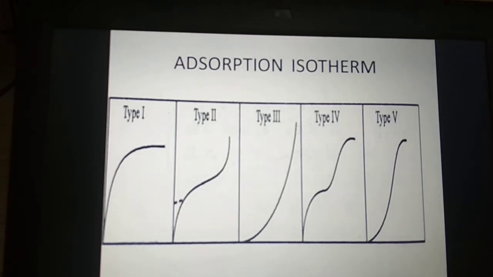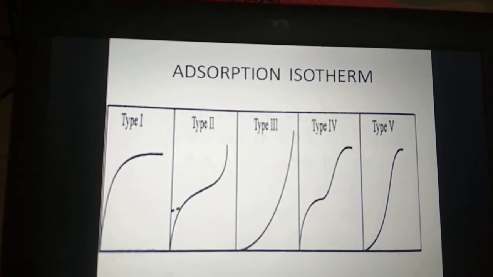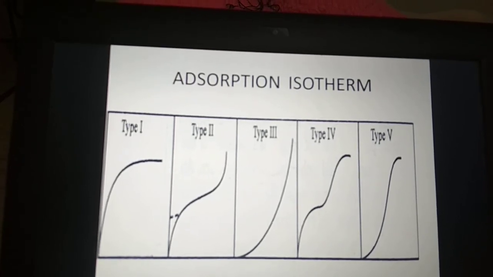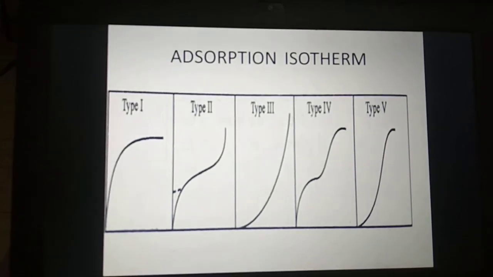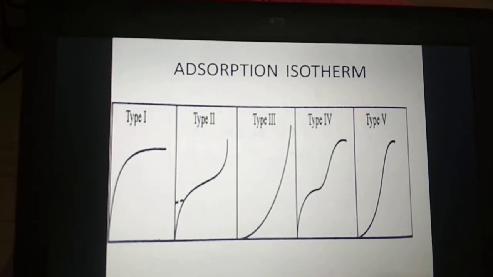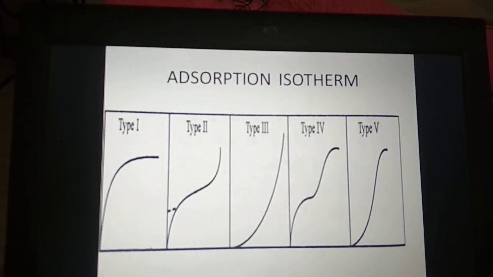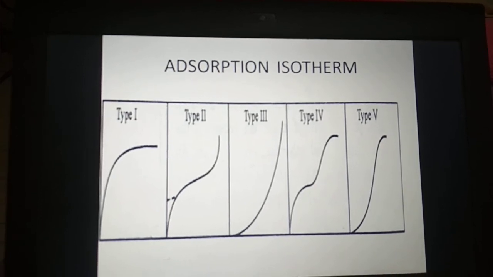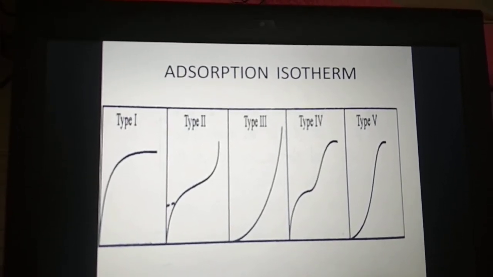The fifth type of isotherm shows that adsorption increases more rapidly with increase in pressure, and attains saturation at very high pressure. At very low pressure, the first, second and fourth become similar, and the amount does not increase rapidly.